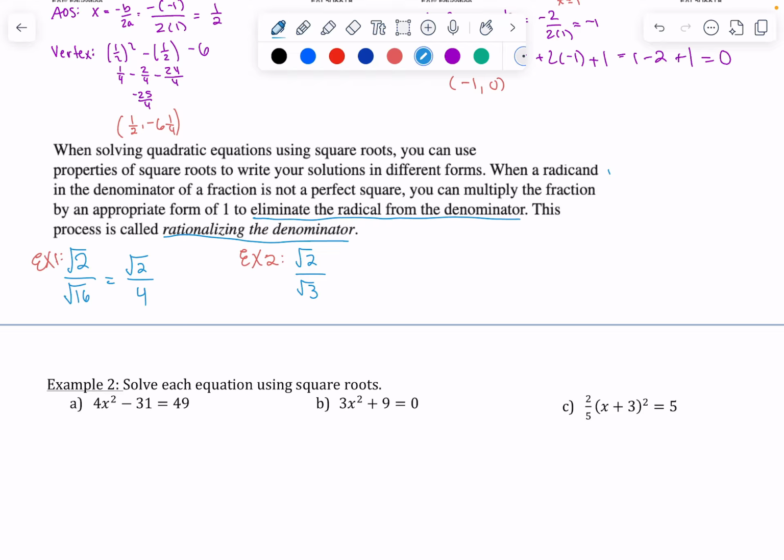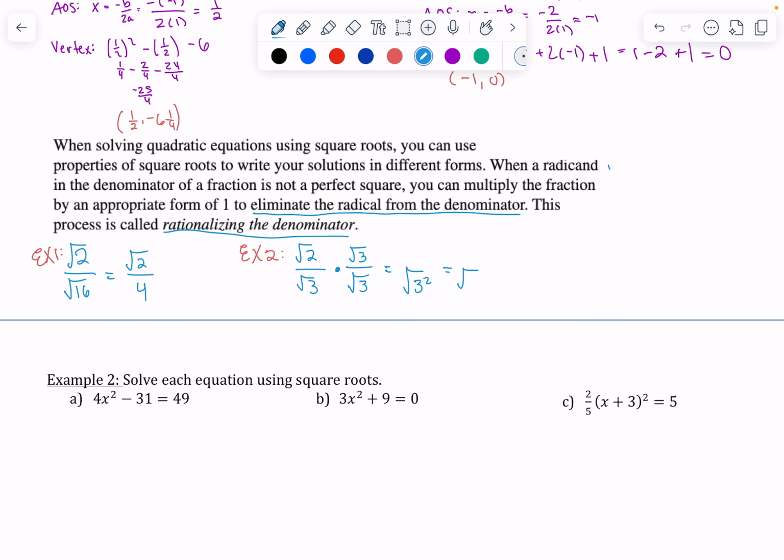The easiest, most straightforward way to do that is to just multiply the fraction by whatever the denominator is, okay? Because then this becomes root 9, or you could think of it as being 3 squared, but no matter how you think about it, the square root of 3 squared, or the square root of 9, is still just going to be 3.